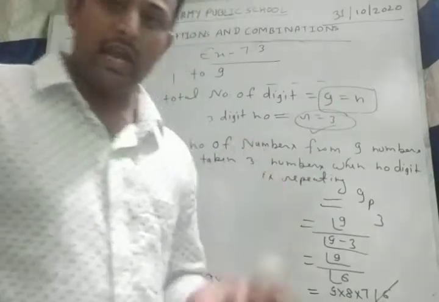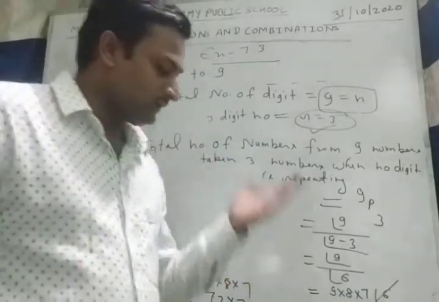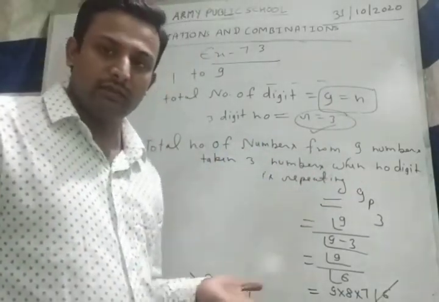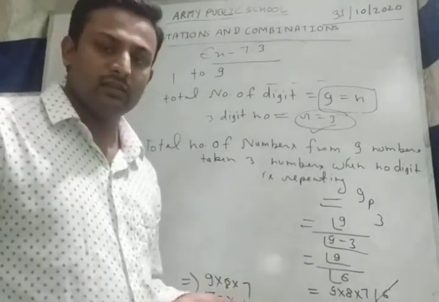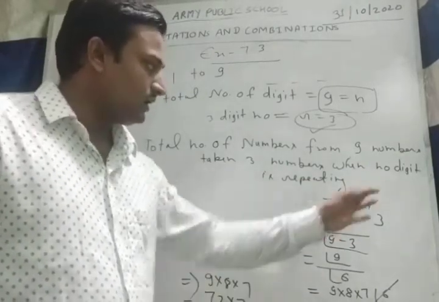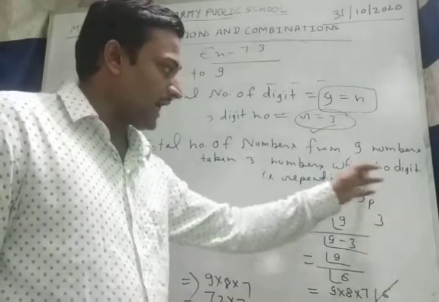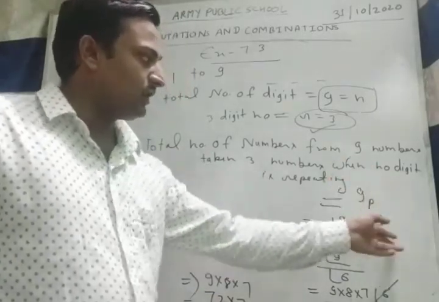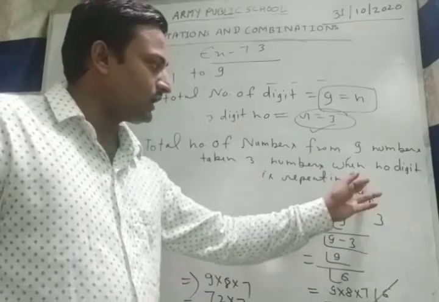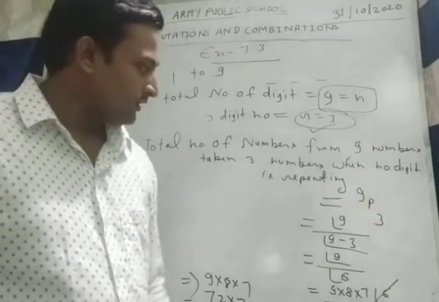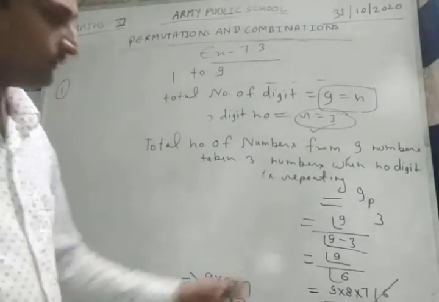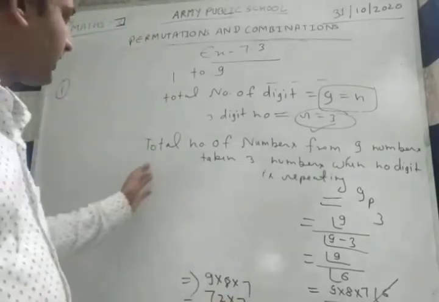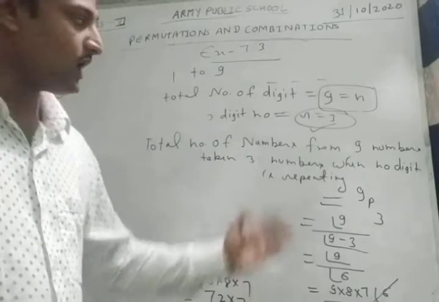We are taking 3 numbers from 9 numbers and arranging them, so the number of permutations will be 9P3. After solving we get 504, which is our total number of three-digit numbers.